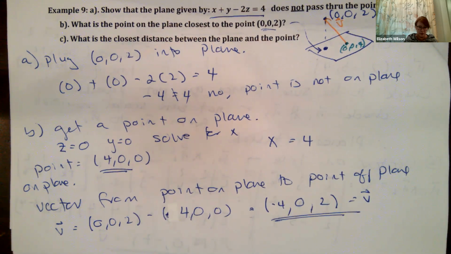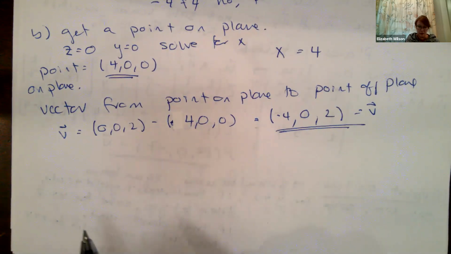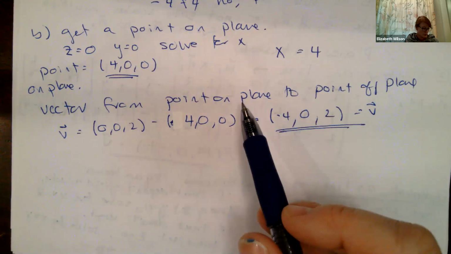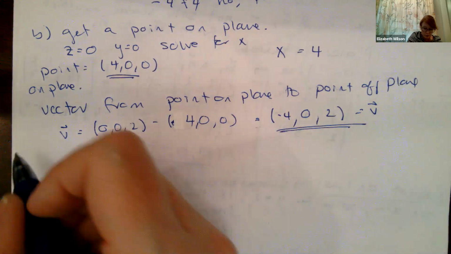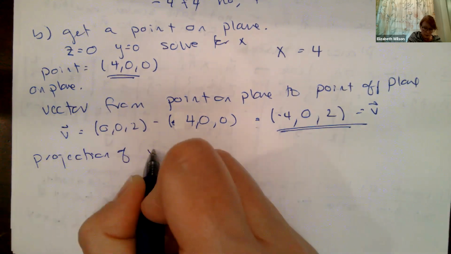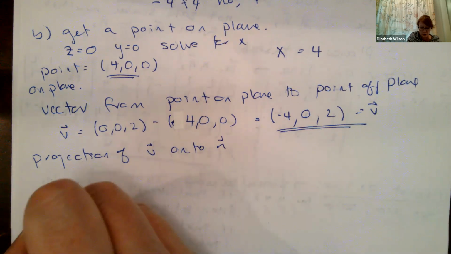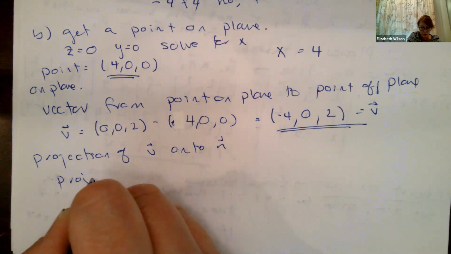Okay, so now, to find a point on the plane closest to 0, 0, 2, I need the projection of v onto n. Okay, so remember our projection rules. Projection of v onto n.